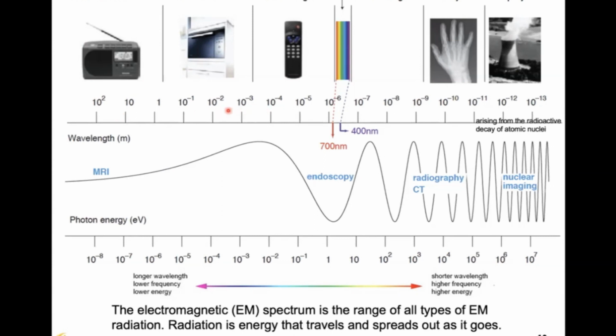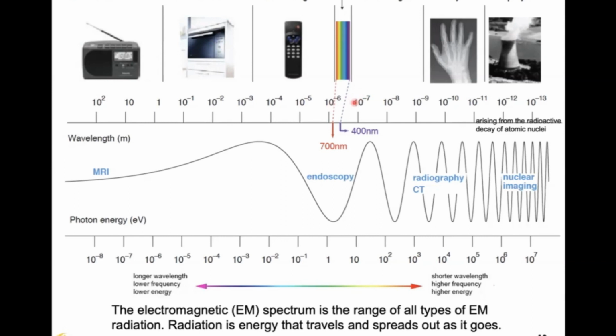And the shorter one, after the radio waves, is the microwaves, right? So we are using microwaves at home, right, to heat up the food. And if we're going to a shorter wavelength range here, we have the infrared light, right? And then we go to the visible light spectrum, right?